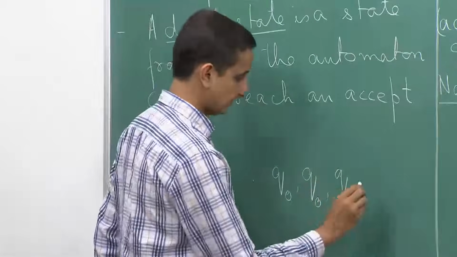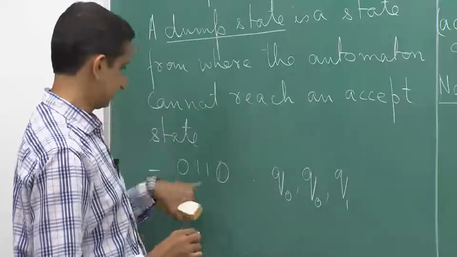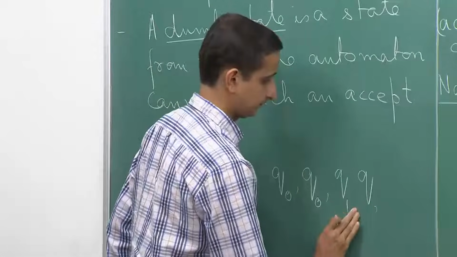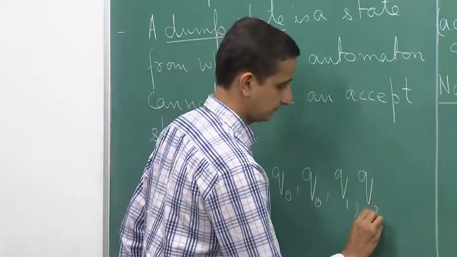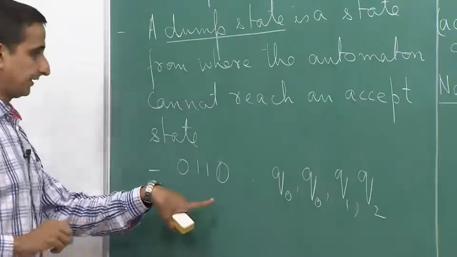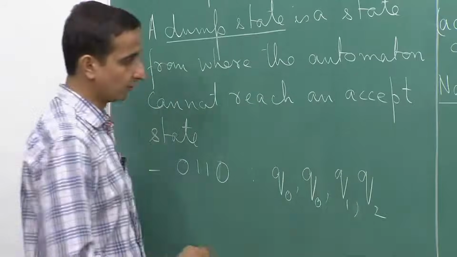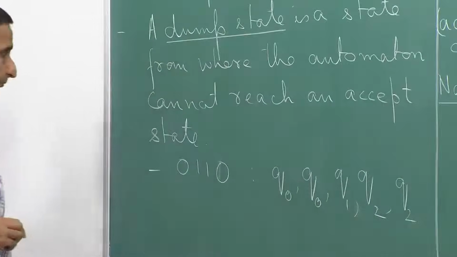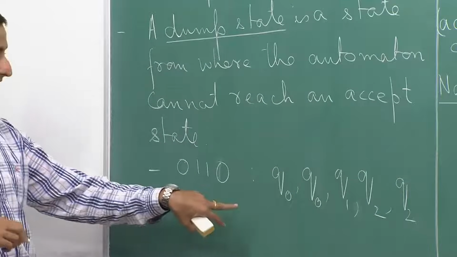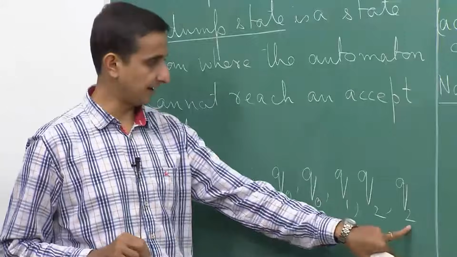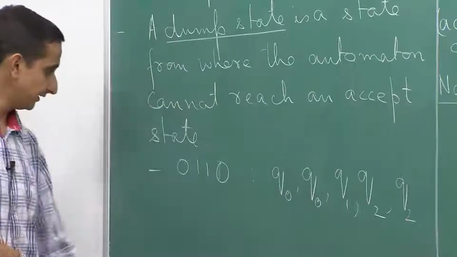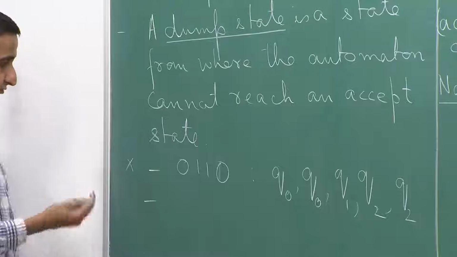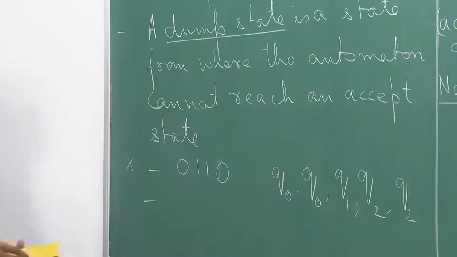On seeing the second 1, it will go to Q2, and then on seeing the last 0, it stays at Q2. So, this string makes the automaton end up at Q2, which is not an accept state, hence the string is not accepted. And that should be the case because it does contain 1 1 as a substring.